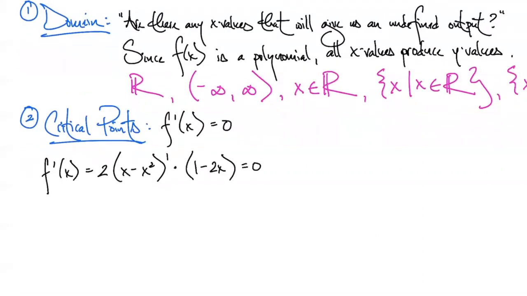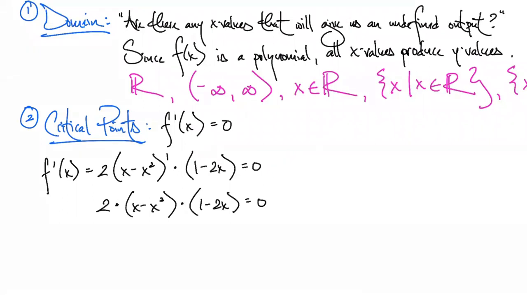Now, I'm going to show you right now why it is actually better that we did not FOIL out. If you FOIL out and you want to find where something equals 0 at the end, you're going to have to factor, and sometimes that factoring is harder than we want it to be. Chain rule is a nice way around that because look at what we have: 2 times something times something else equals 0.